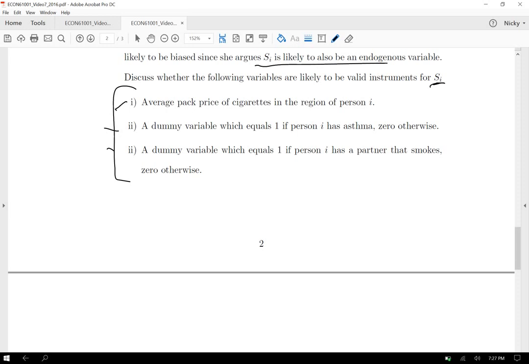You're expected to know in general when an instrument will be valid or not, namely, is it exogenous and is it identified? Namely, is it correlated with a variable of interest but uncorrelated with all these factors which are omitted? You'd then be expected to give an argument either way, and that's where there's a grey area. There's no right or wrong, it's more that you make a valid point.